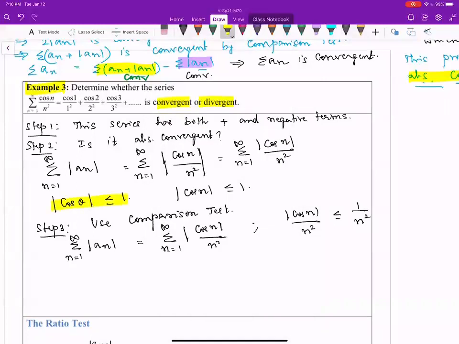Absolute cosine theta is less than or equal to 1. So absolute cosine n is less than or equal to 1. So now what do you know about this particular series, sigma 1 over n square? But 1 over n square, sigma, is a p series with p equal to 2. So it is convergent.